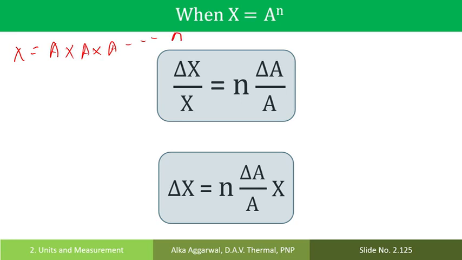So the error in the result is equal to delta A upon A plus delta A upon A up to n times, which is written in this way. So the relative error in the result is n times the relative error in A.